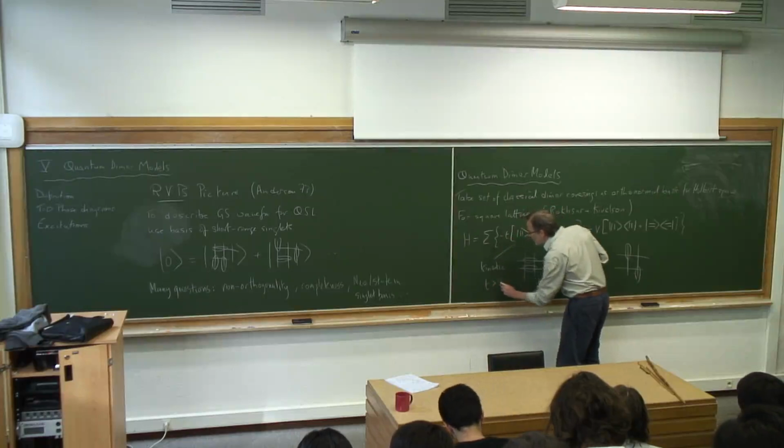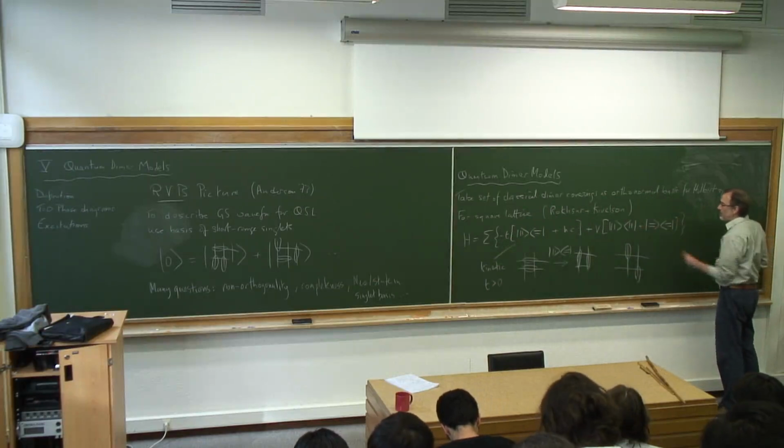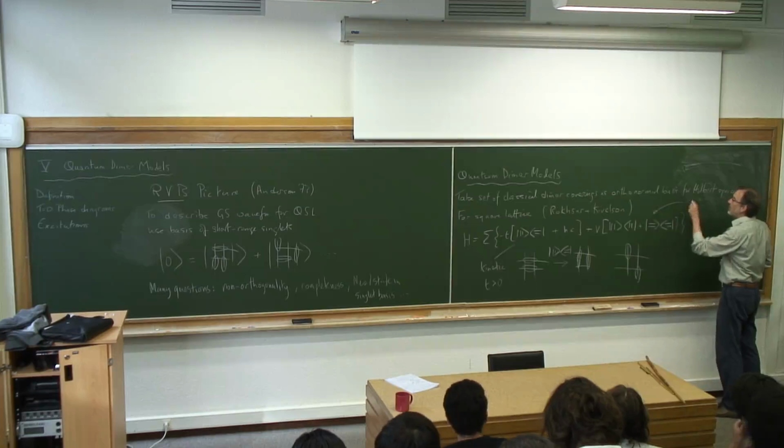So I'll take this parameter t to be bigger than 0, but I'll consider both signs for the potential term, which is this one.